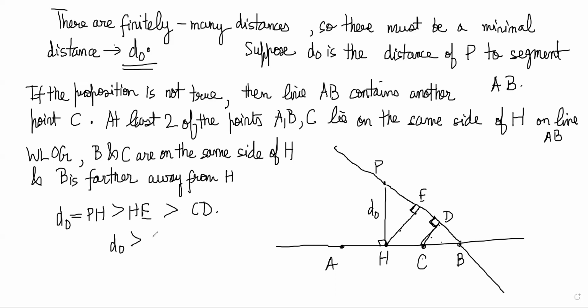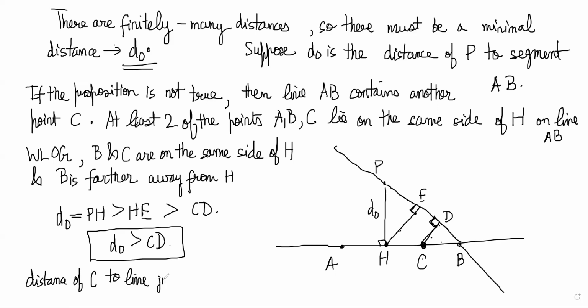So we are getting D naught is greater than CD. And that just shows that the distance of C to the line joining P and B is less than D naught.